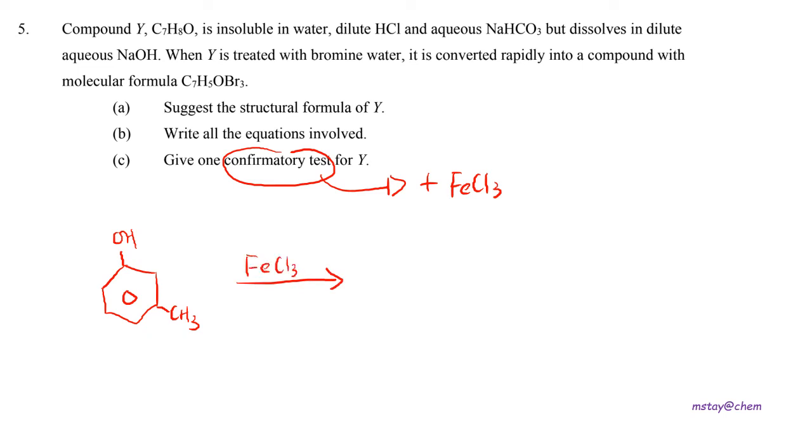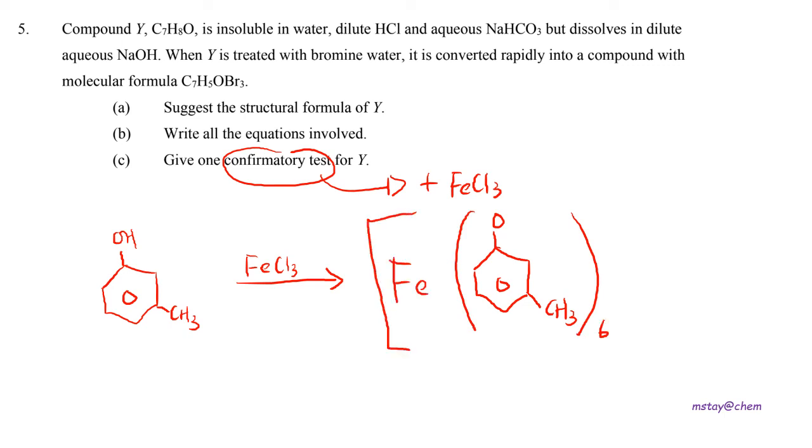Like just now, we already know that for methylphenol the bond will break between O and H, and CH3 is maintained. Make a bracket, we have 6, and here is Fe, and the bracket has a charge of 3 minus. Then please write down purple complex.